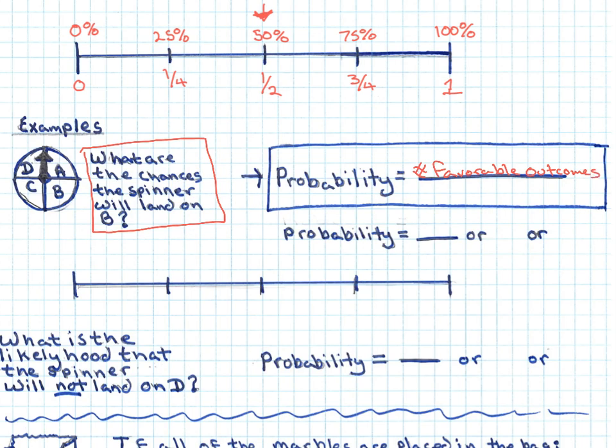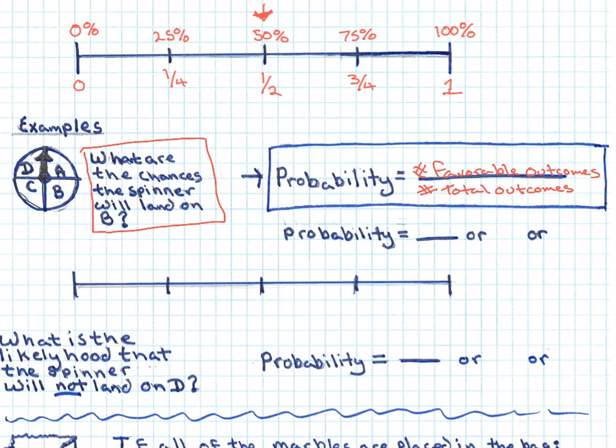And it's divided by the denominator, which is the number of total outcomes. And that sounds confusing, but it really isn't.